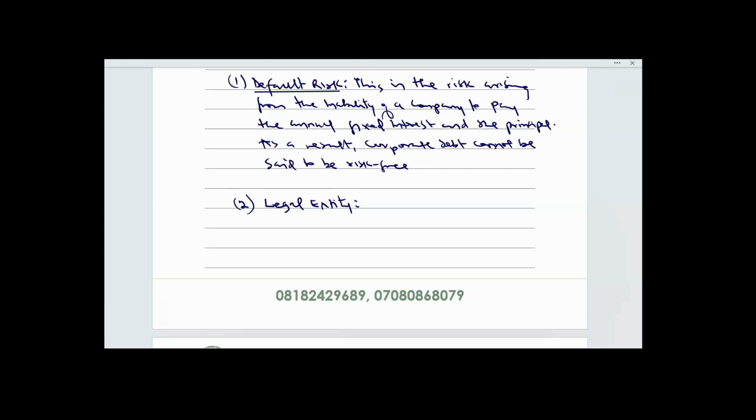The company can sue and also be sued. So when the company liquidates, the assets of the company will be realized, that is, disposed of, and then the proceeds therefrom will be used to settle the liabilities.